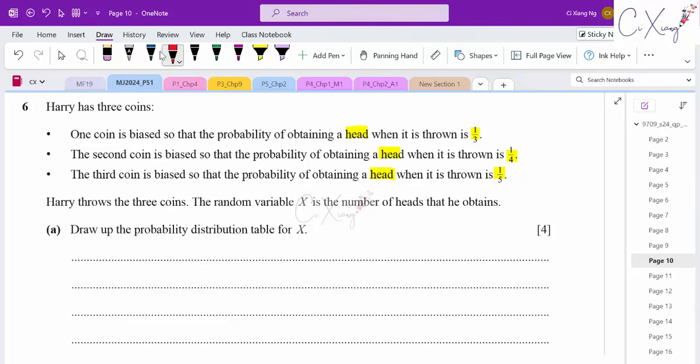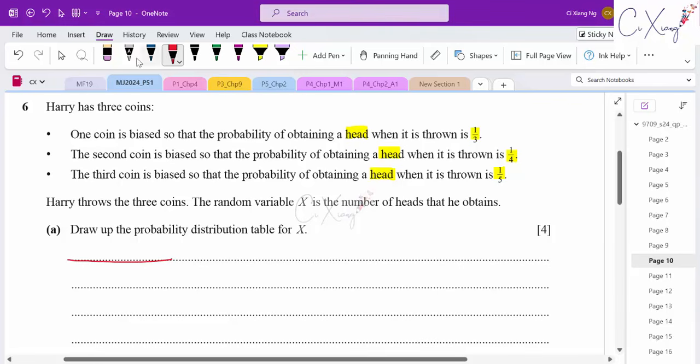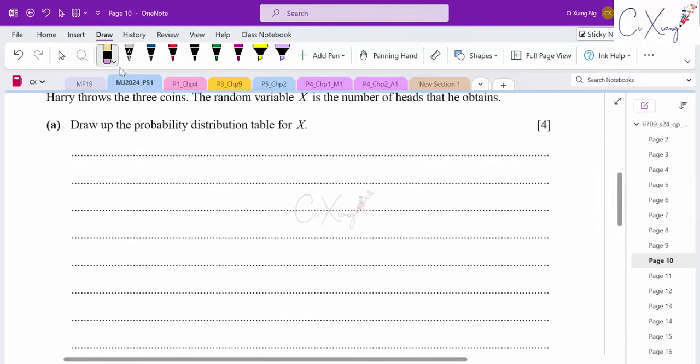For this one, there are many ways for you to get the answer. Some students might want to draw a number line if you want. For me, what I do is I just try to simplify some possible cases here. I will separate into C1, coin number 1, coin number 2, coin number 3, then the X, and also the probability.